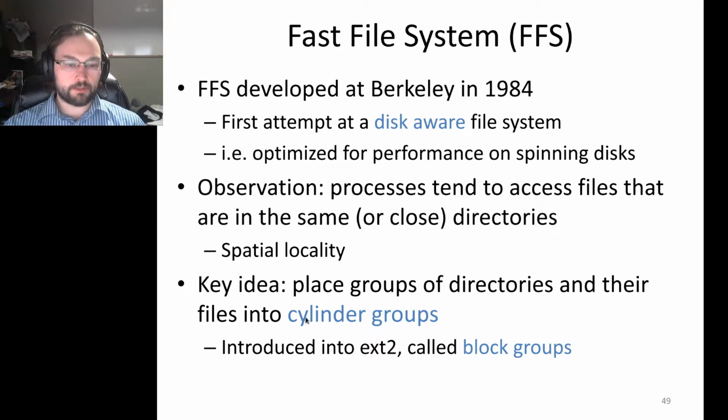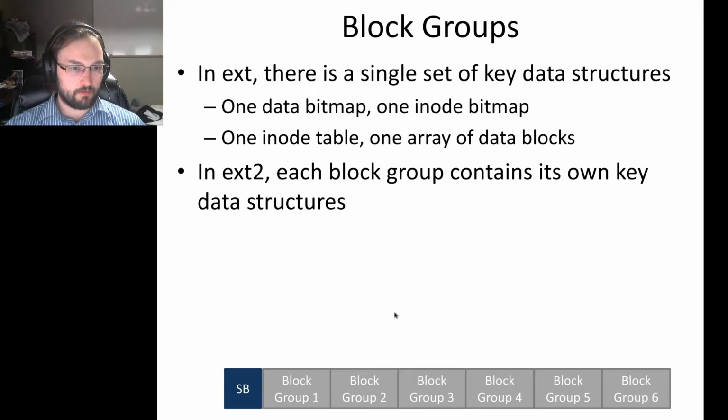To do this, the FAST file system placed groups of directories and the files that went in them into cylinder groups. And the idea of cylinder groups is that if we look at the actual structure of a disk, things that are next to each other in seek time are things that are on the same track.